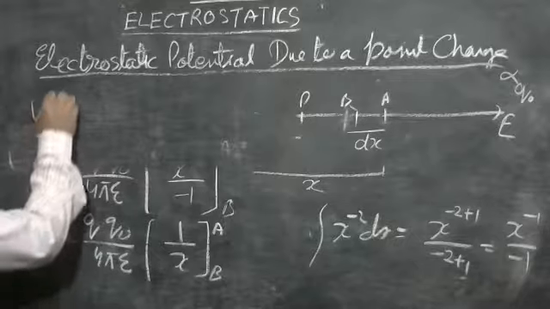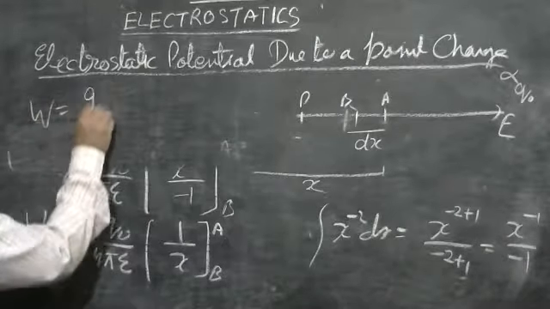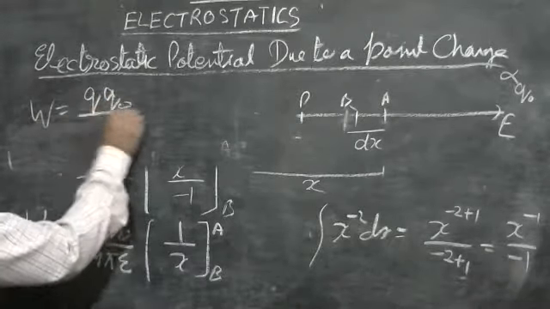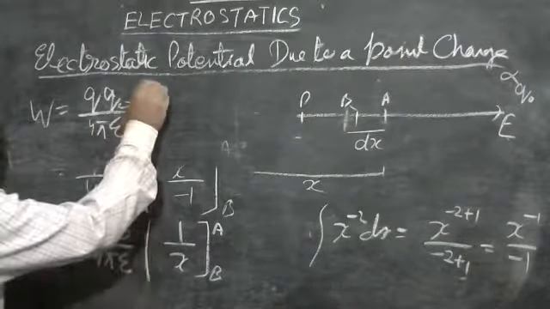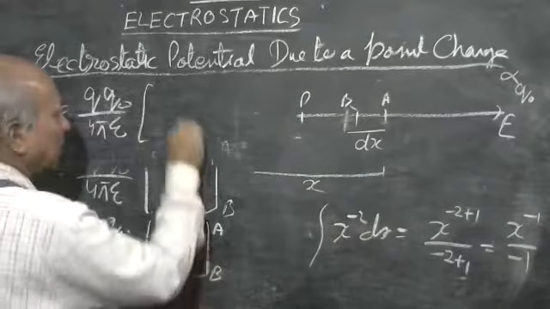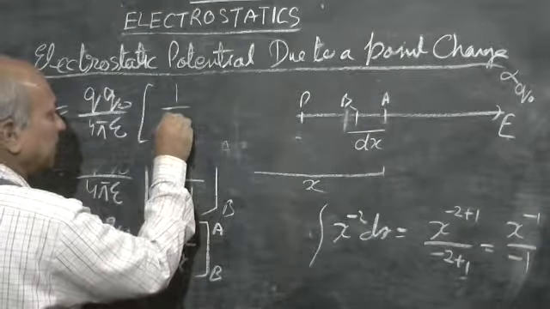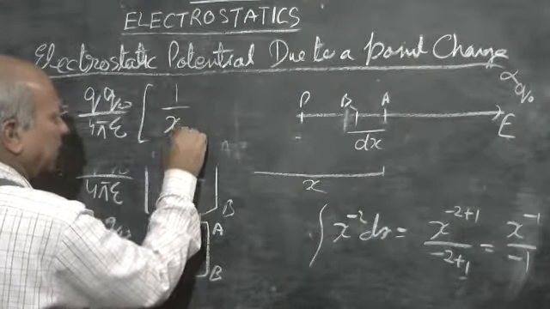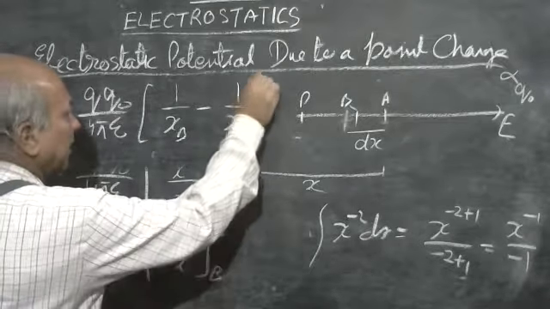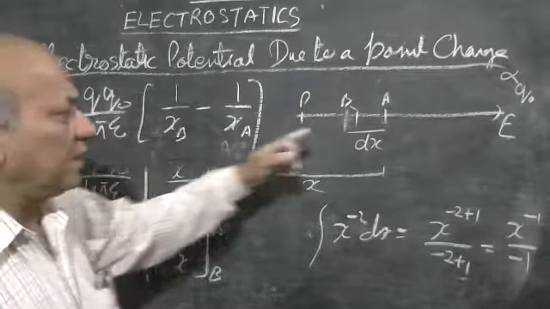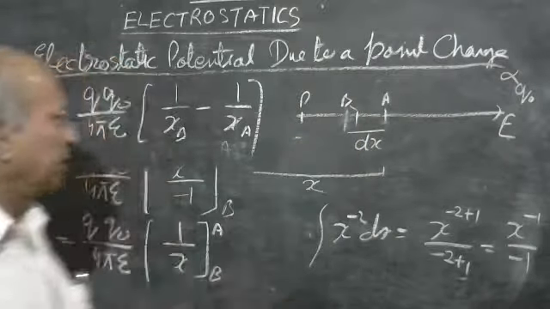Now work is equal to q into q naught upon 4 pi epsilon naught. First we write 1 upon x b minus 1 upon x a, which means this is the work done from A to B.